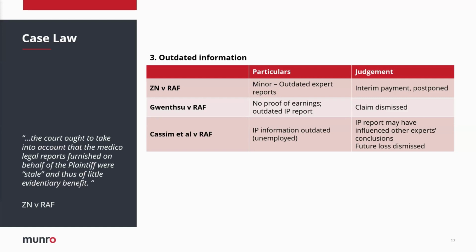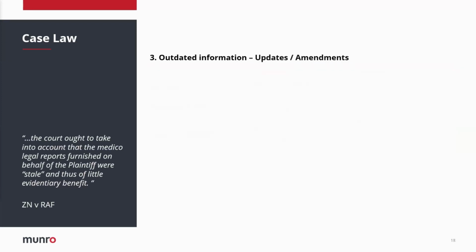So it is really in your favor to keep your experts updated around what's happening with the claimant. Specifically with regards to employment status, any changes since the IP report or other expert reports should be considered and taken into account, and if necessary, updated expert reports should be sourced.